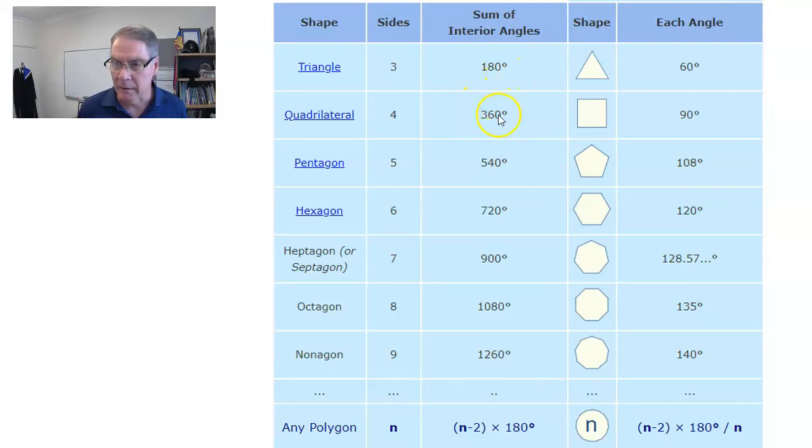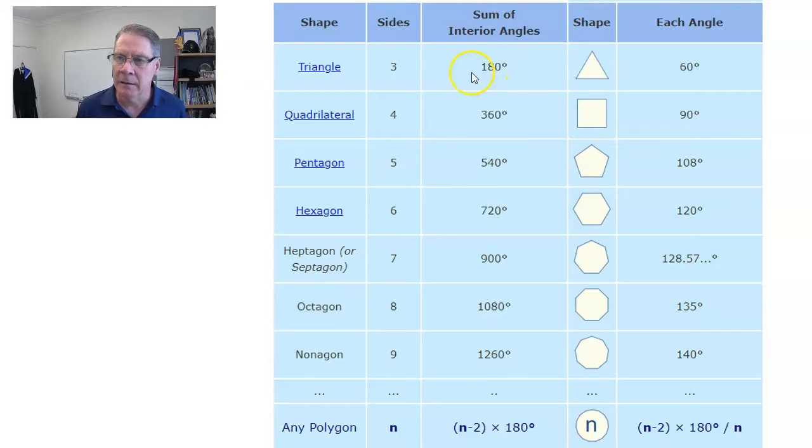So I have a look here. They've all got 10s, haven't they? So is there a pattern of 10s going on? 180, 360, 540, 10s. How are they related? Let's start with a triangle and let's do the quadrilateral or a rectangle shape.